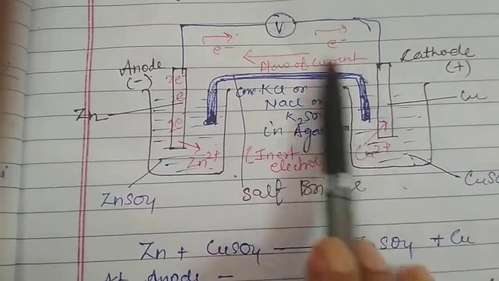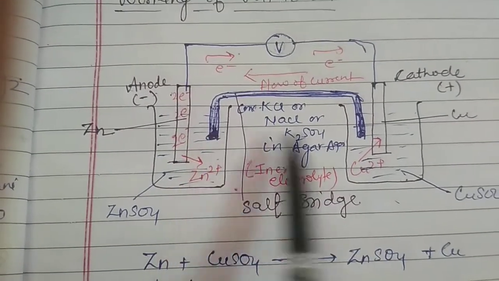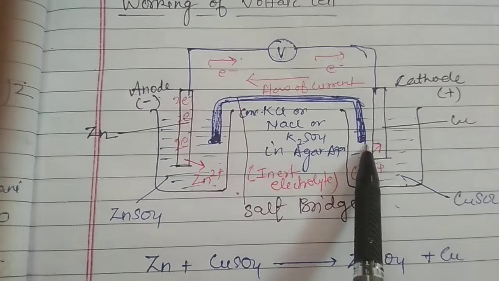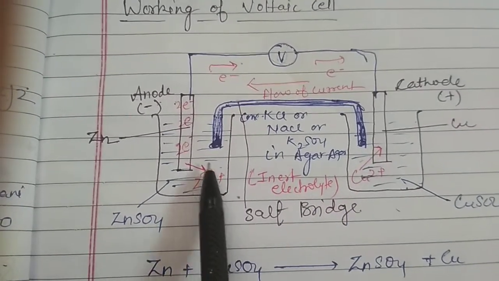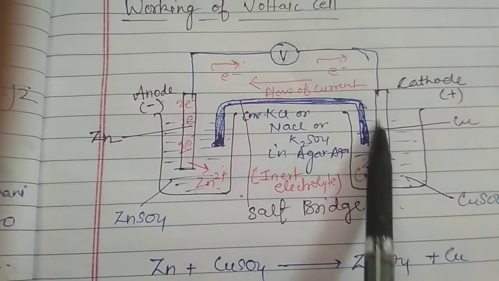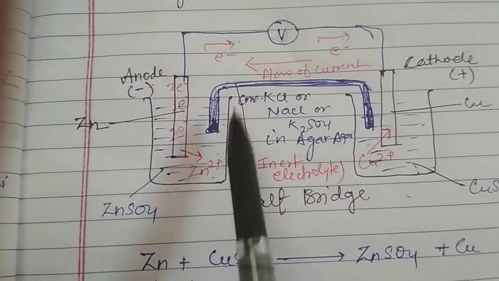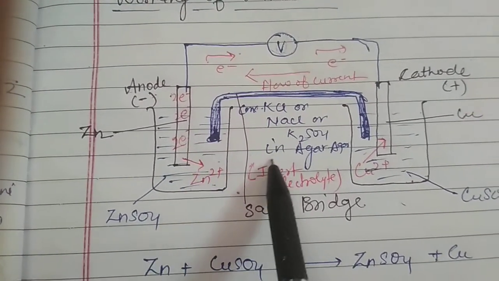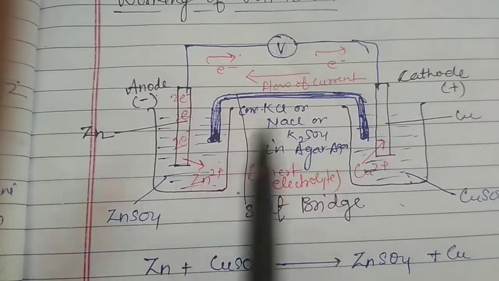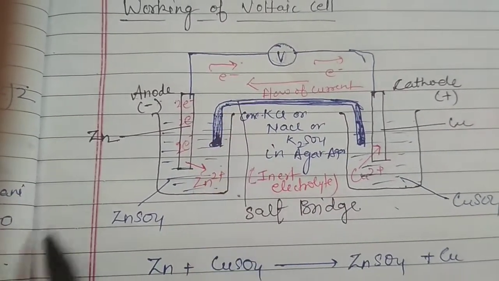In this salt bridge, it is an inverted U tube having cotton plugs at both the ends, by which the flow of electrolyte would not be there in the salt bridge. In the salt bridge, we have taken a paste of concentrated KCl or NaCl or K2SO4 in agar-agar solution, that is like a semi-solid paste.